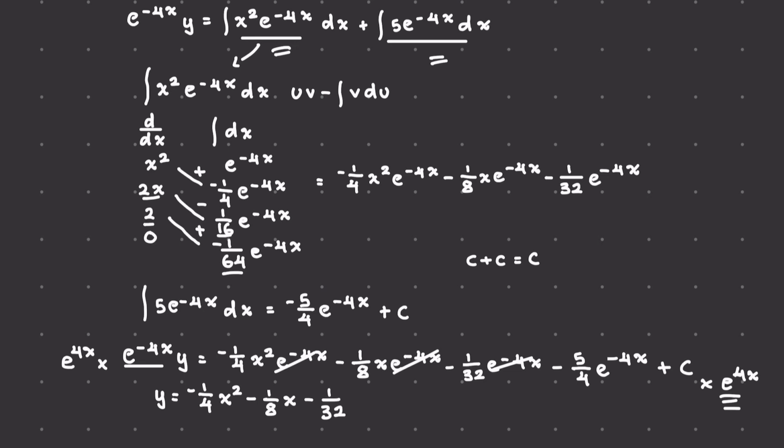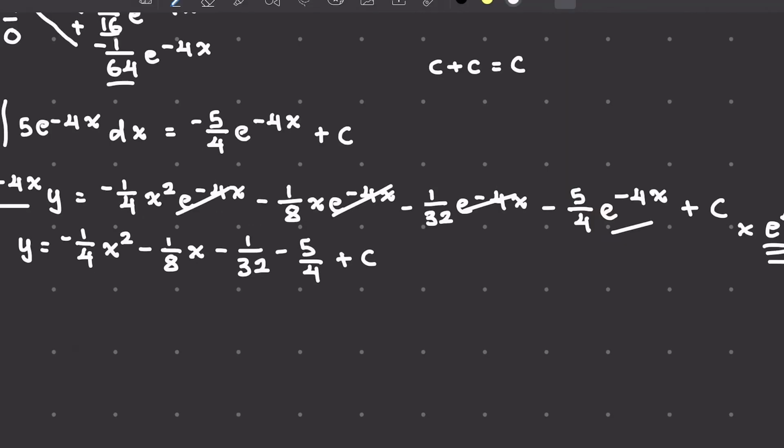And for the last one, we will lose this one as well because we will multiply it by this, negative 5 over 4 plus c.